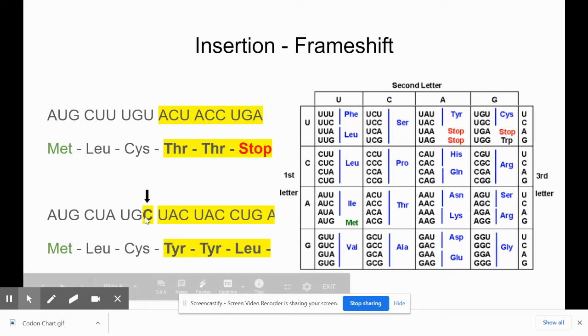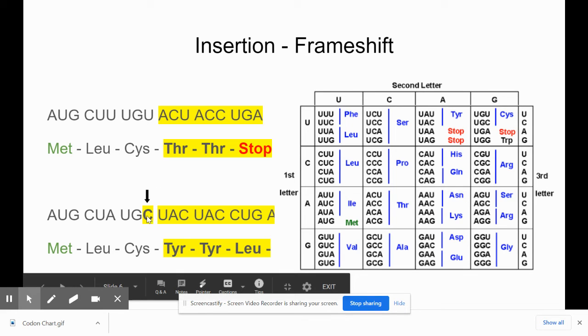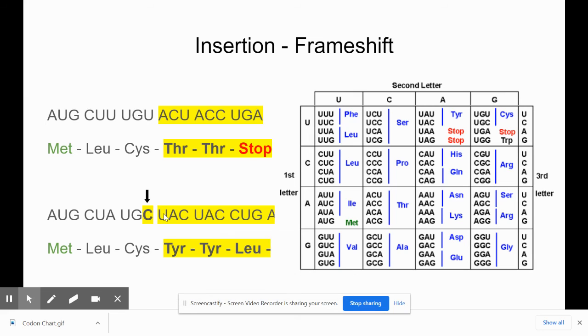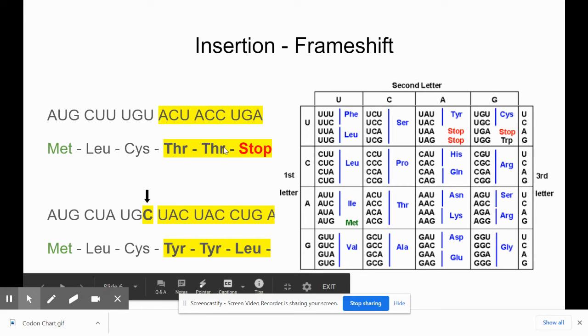So that C is stuck here at the end where the U used to be. The U now goes over to the beginning of the next codon. So the ACC becomes a UAC. The ACC is still there. It's just being read on different codons now.